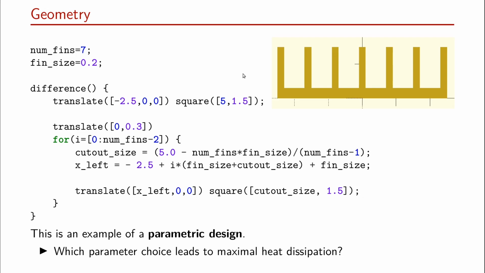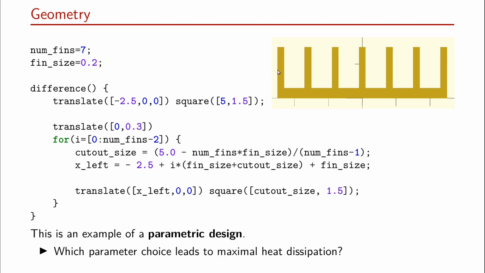Now, a very important point here is that what we have done here essentially is an example of a parametric design. And by that I mean that we have a design which is not a unique design where we have specified all of the measurements a priori, but we have left some parameters that we can vary in order to increase or decrease certain things.